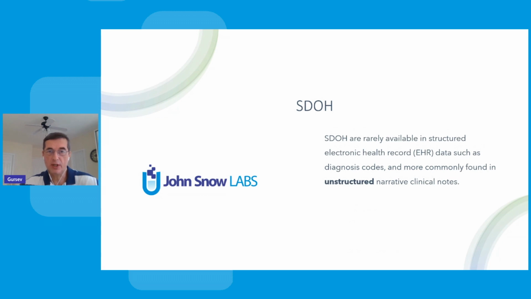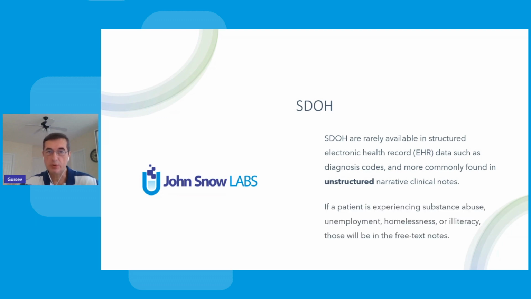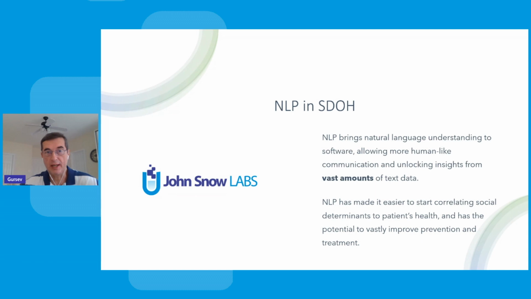You don't get them from the ICD-10 codes or diagnosis codes, but they are mostly in the unstructured narrative clinical notes. So if a patient is experiencing substance abuse, unemployment, homelessness, or similar, those will be in the free text notes. So we will use NLP to find these SDOH factors.